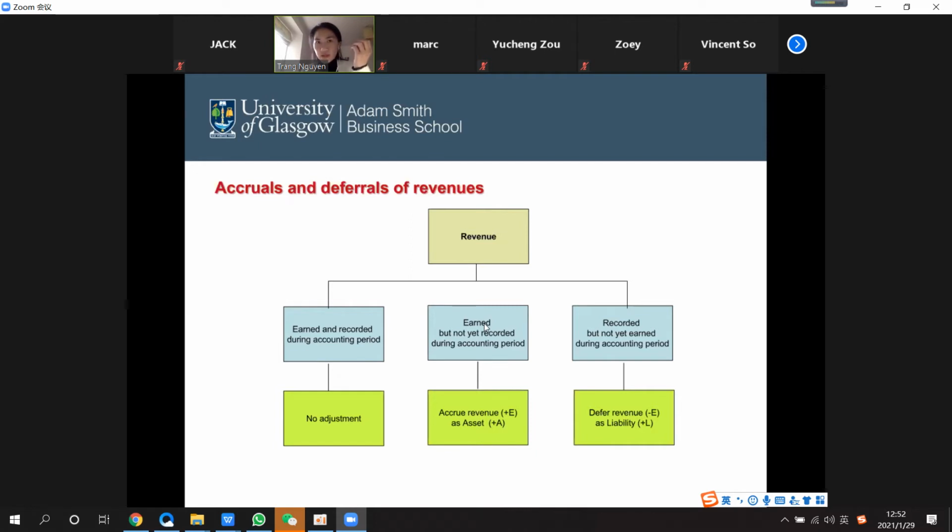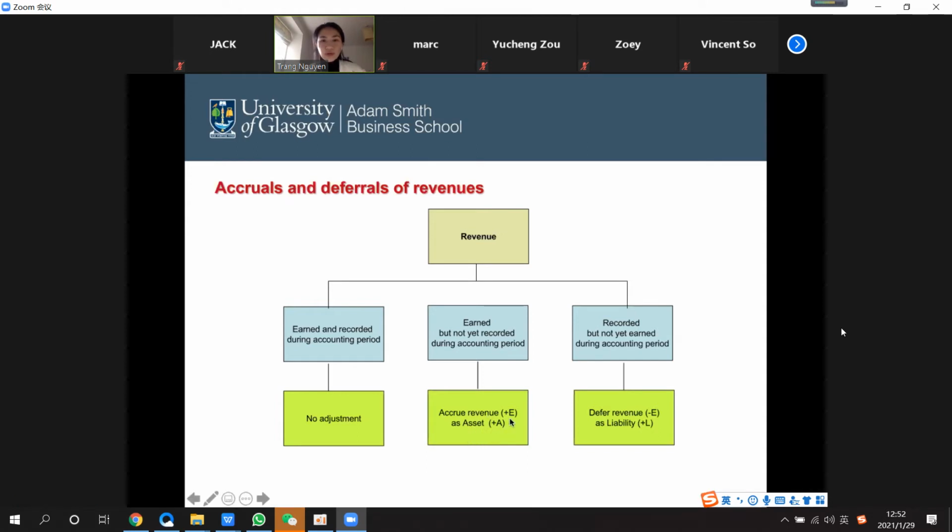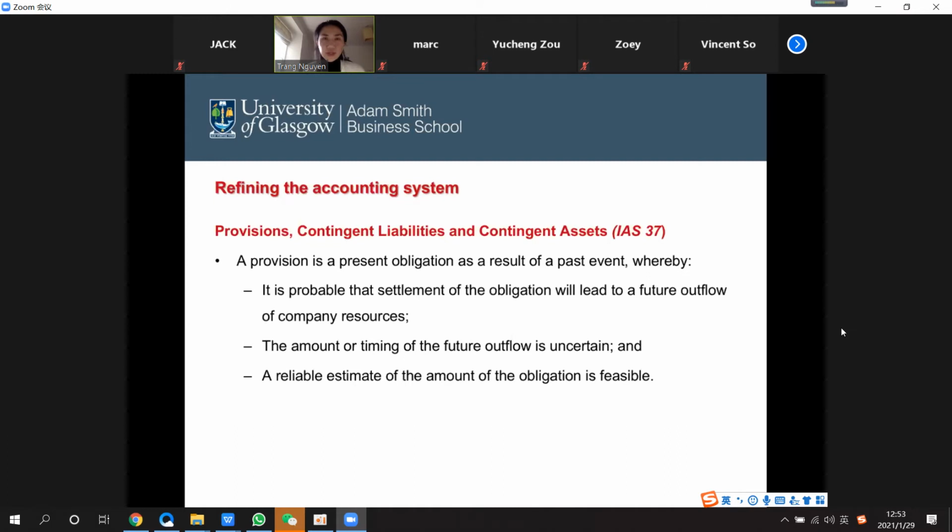So we record it as revenue, and we also record it as an asset, right? For the recorded but not yet earned case, someone orders something but we haven't delivered it. So it's a liability, because we received the money but haven't delivered the service or revenue yet.